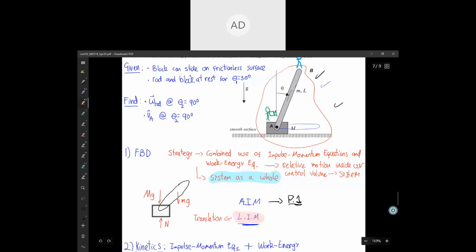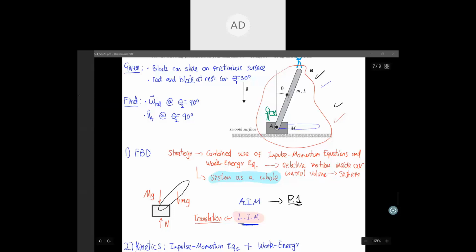And then, of course, this system here is going to translate as a whole. There is no fixed point, so it's going to translate. And this is why linear impulse momentum is the tool to use.